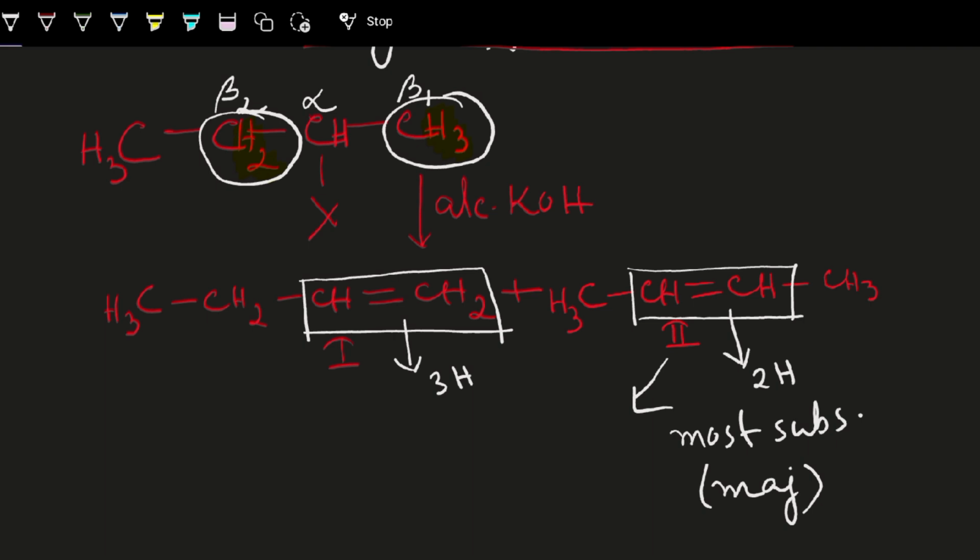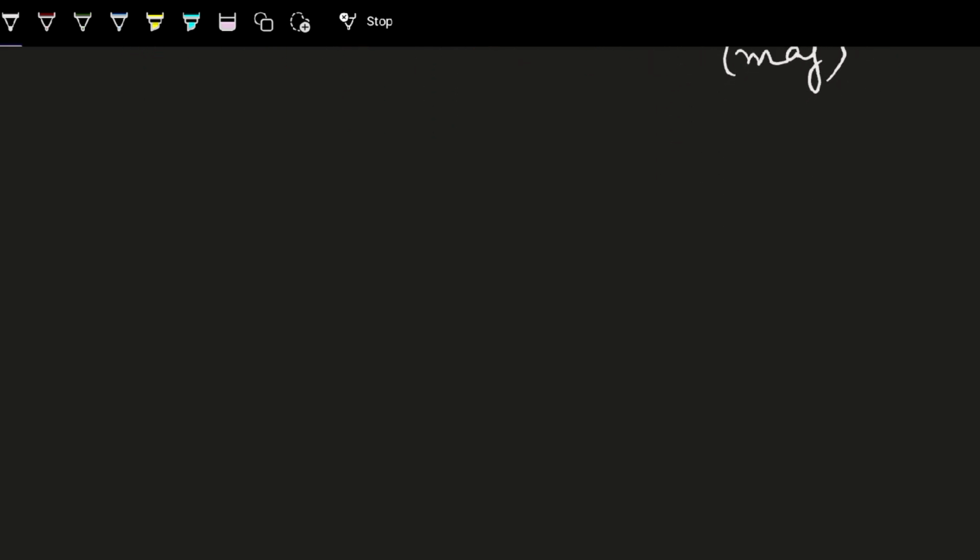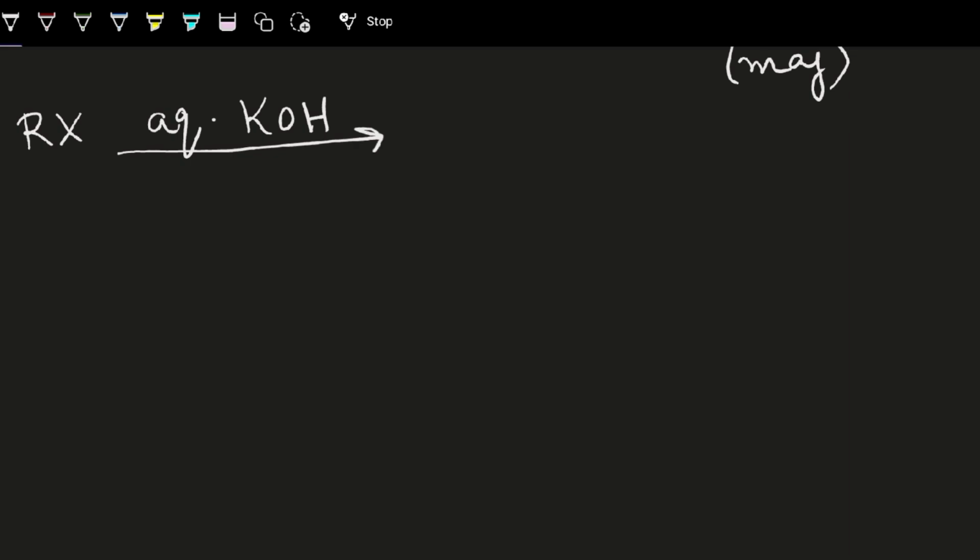I hope Saytzeff's rule, beta elimination and its application is quite clear. Now, the question arises: if I use aqueous KOH with RX, and I am giving this again for a reason, then KOH is acting as a good nucleophile, and it has certain basic character also.